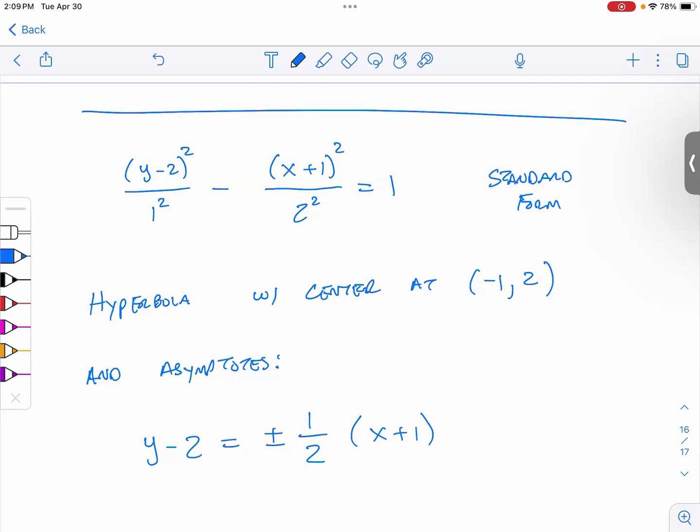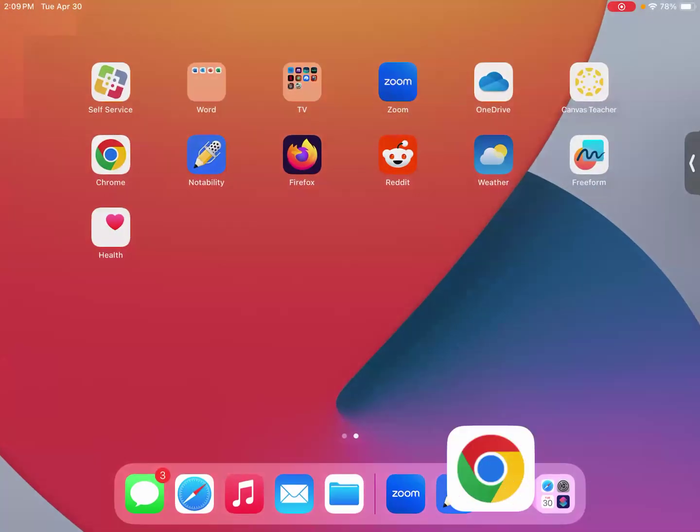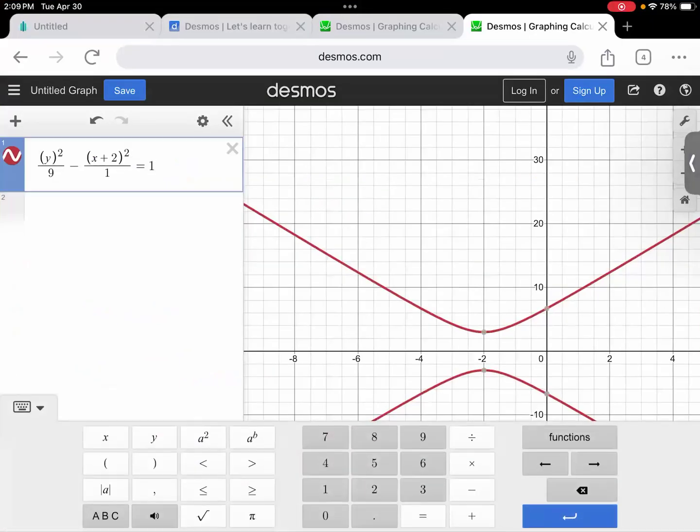And then just to verify, we got our center at -1, 2. Let's verify our graph. And here's the other nice thing. Again, Desmos will check me from the beginning.